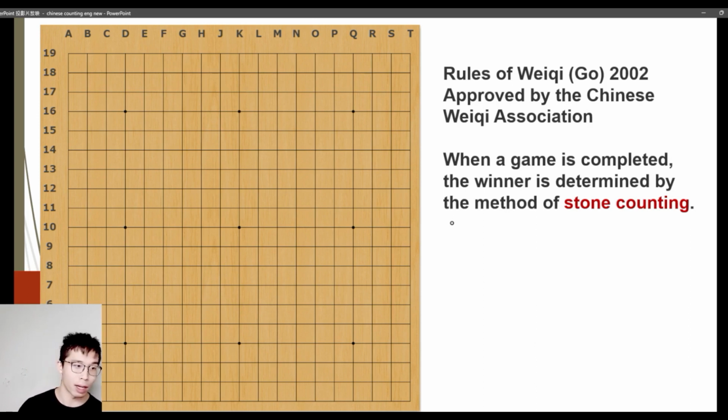But as I'm Chinese, I will tell you that we call Chinese counting stone counting, and we call the classical Chinese counting pure stone counting, or absolute stone counting. That means we really only count the stones, but that's not the topic today. Anyway, the official translation is stone counting.